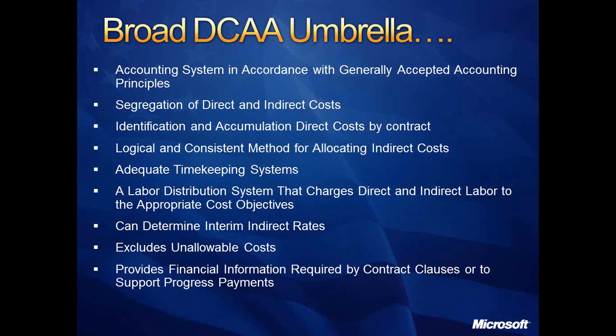But at a more technical level, there's a lot around your costs: segregating direct and indirect costs, accumulating costs by contract, determining indirect rates. For timekeeping, the adequate timekeeping system, we'll talk more about that: things like charging time to the correct projects, not being able to charge time in advance. And on expense reporting, you want to be able to exclude unallowable costs. So we're going to hit all of these points as we go through the presentation. Bill?